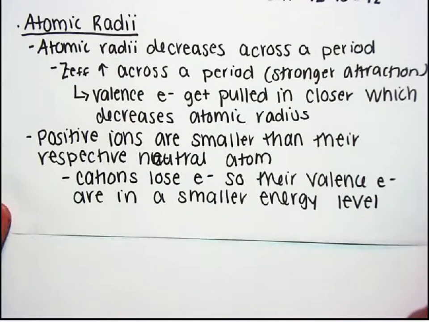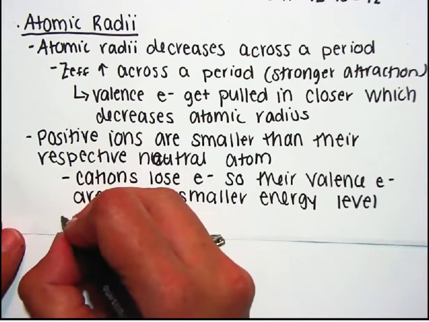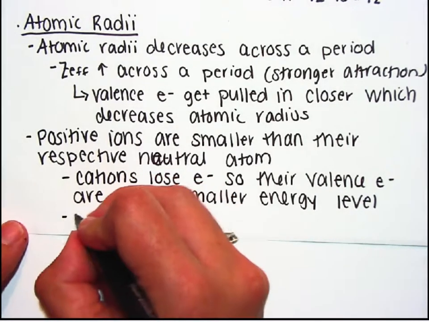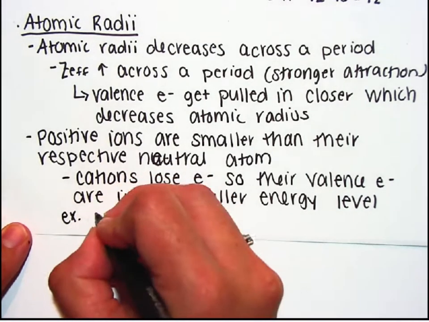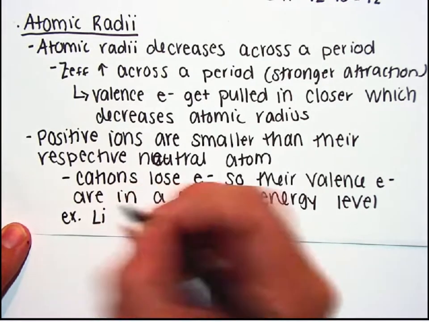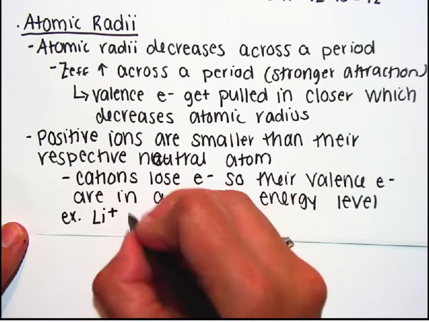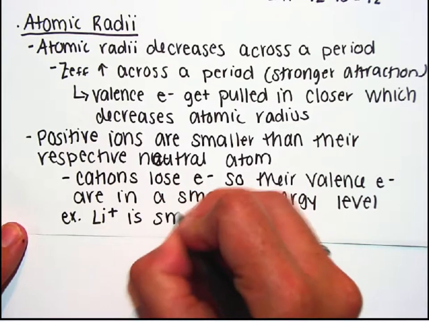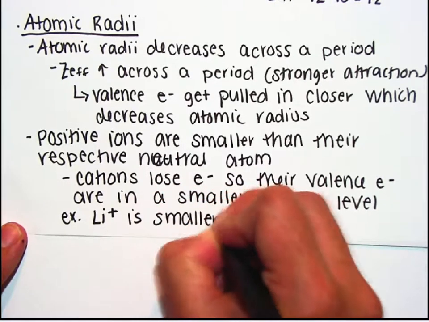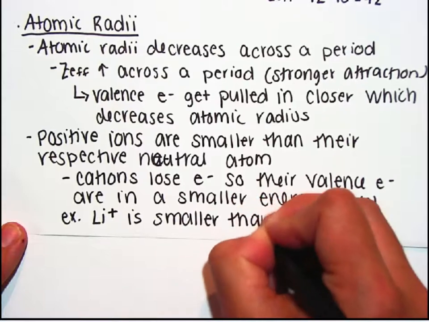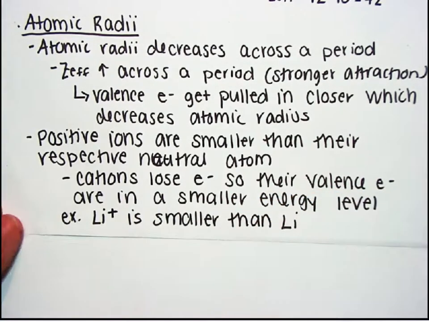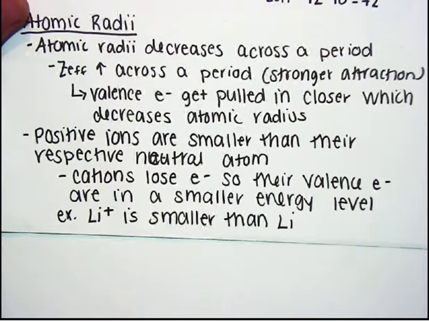So let's draw what this looks like so you have a visual. We're going to look at lithium. So my lithium ion is smaller than the lithium atom.